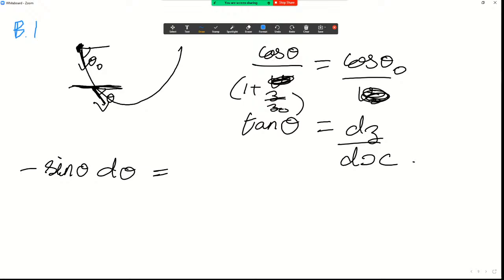We can differentiate this, dz by z naught cos theta naught, and then plug here the value of dz.